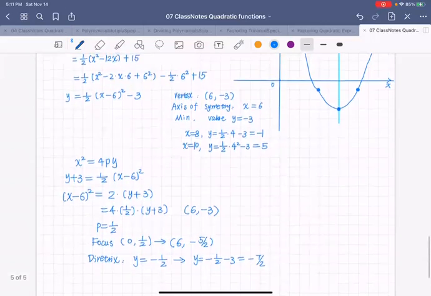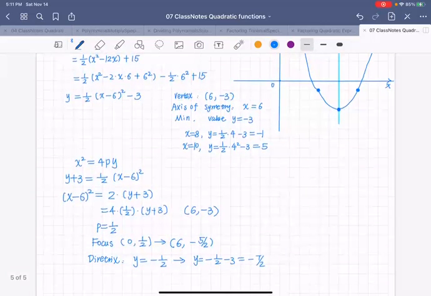Now the last one. We can already write down, so here we can figure out the focus is on this point. That makes sense? This is the focus, and this is the directrix.